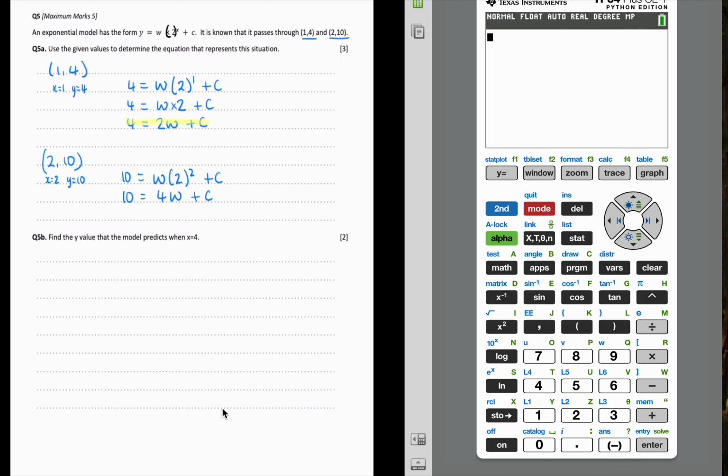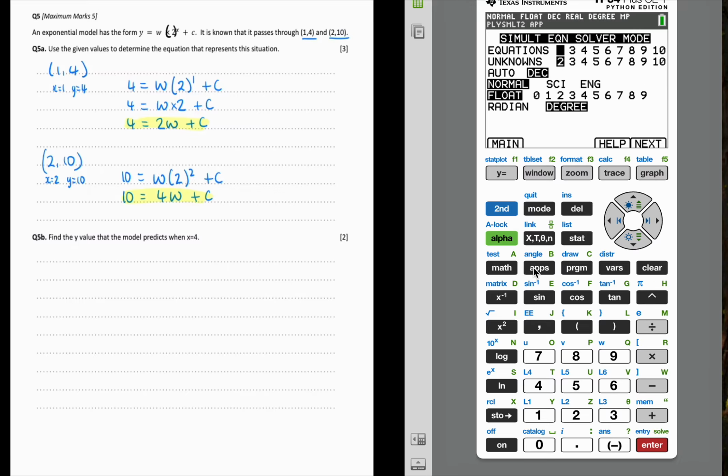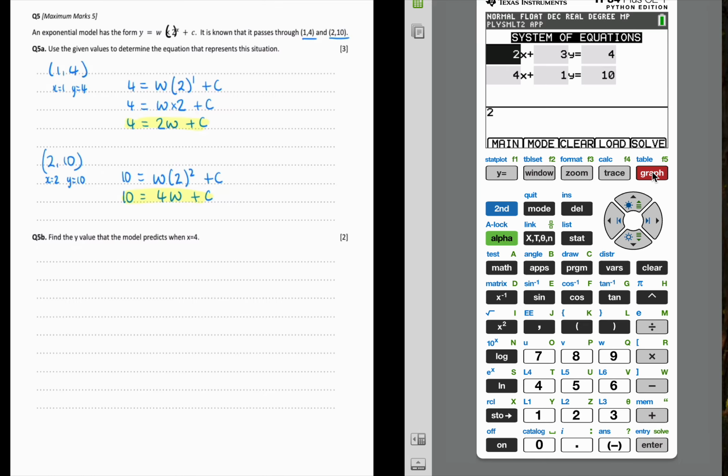So we now have two different equations, and we can use that to help us find what w and c are. I'm going to go to my calculator, and we have apps and then PolySimult 2, and we want to do simultaneous equations. We have two equations and two unknowns. The first one, if I think of w as my x, I have 2w and 1c, or 1y, and that's equal to 4.